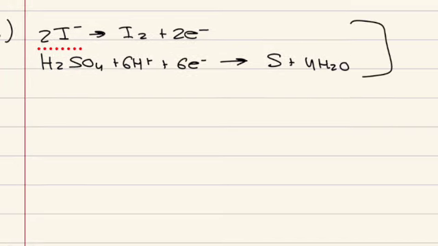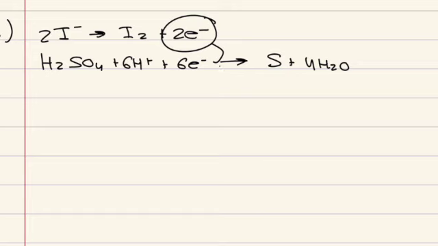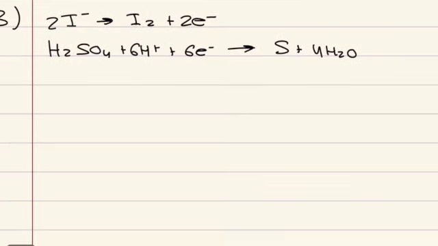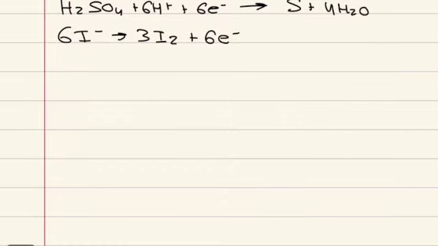However, before we combine these two equations like we did last time, we want to make this 2e minus the same as however many electrons there are here. So we multiply everything in this equation by 3. You'll see why we do this in a second.